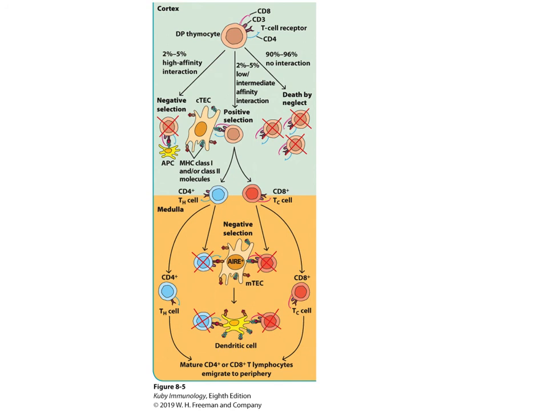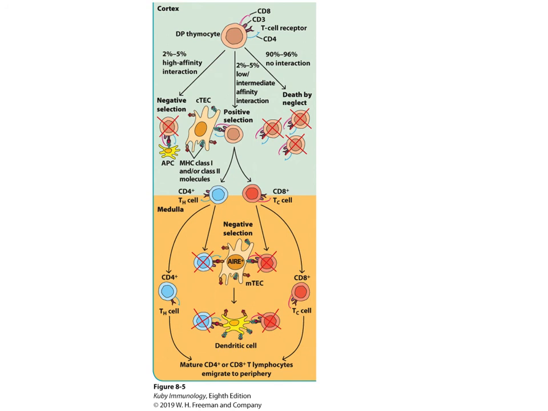Okay, so once those positively selected thymocytes that are double positive undergo this, they can then become single positive. And again, they're going to undergo proliferation before that, so some of those cells would become CD4 positive and stop expression of CD8, or other ones would be CD8 positive T cells and stop expression of CD4.